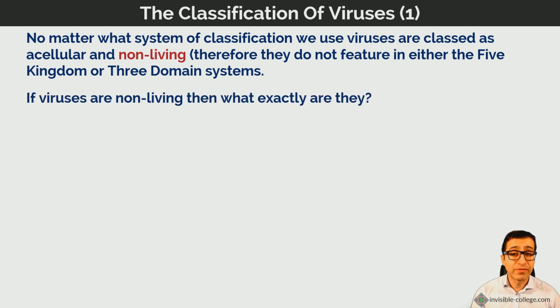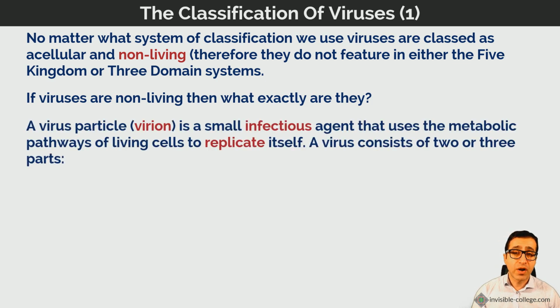So if viruses are not living, then what exactly are they? Well, a virus particle, or a virion, is considered to be a small infectious agent which kind of hijacks the ordinary functions of cells and uses those functions to reproduce and create more viruses. So a virus typically consists of 2 or 3 parts.